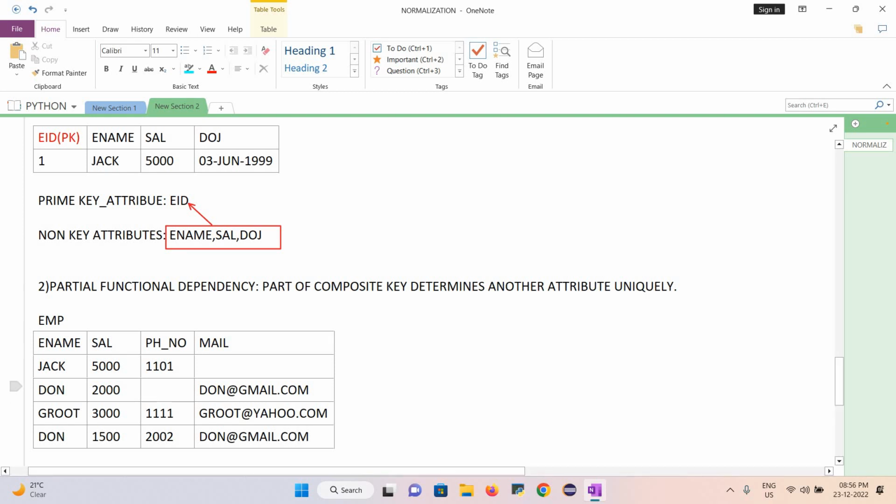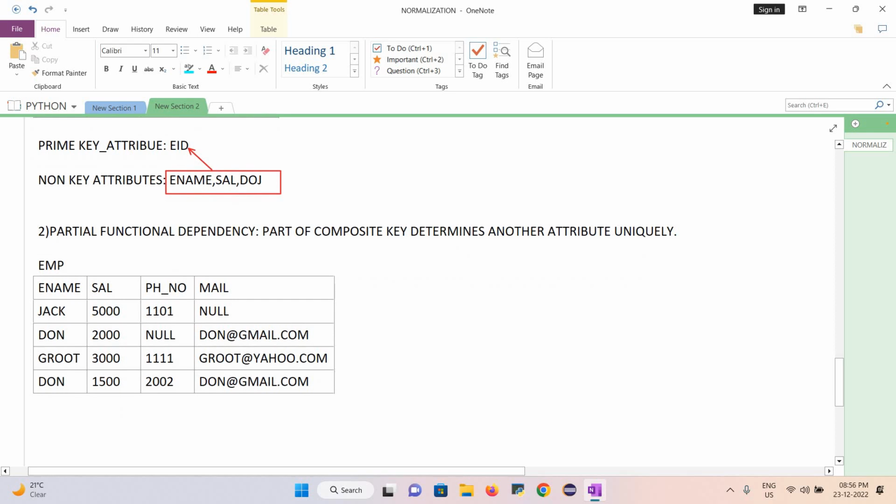For understanding purposes, let me type null. This is also null. Now we can identify which kind of attributes are present here.